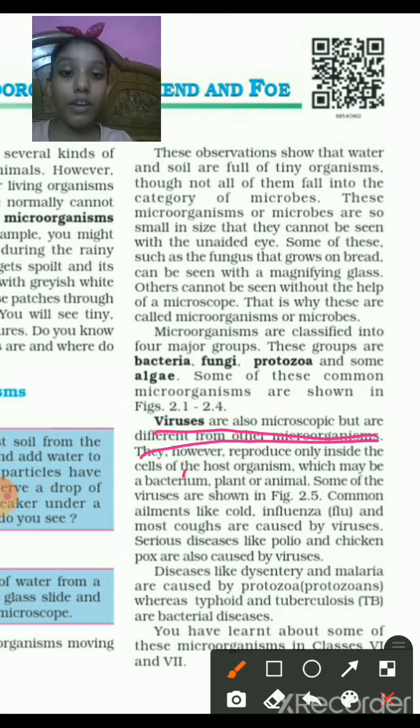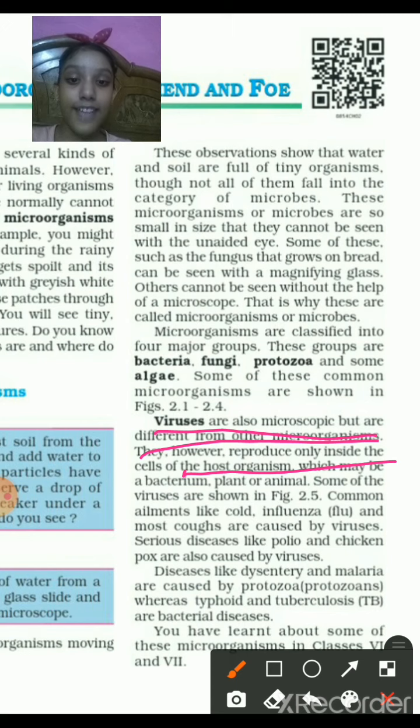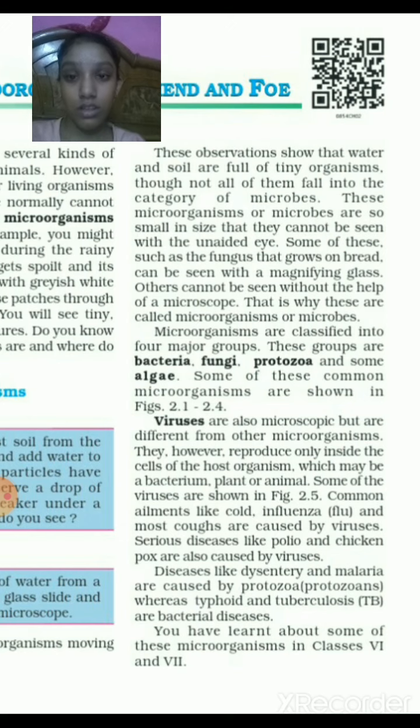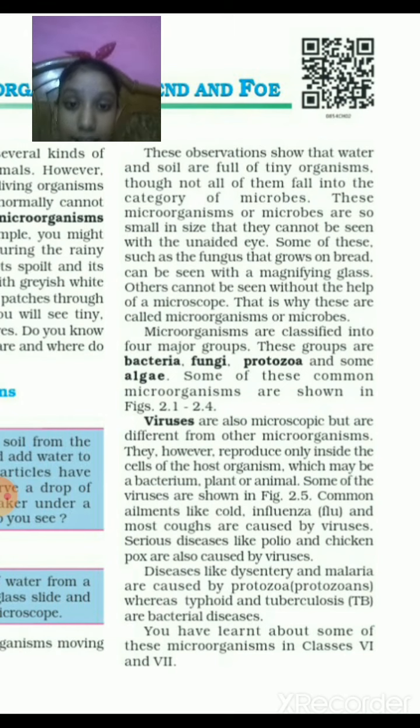They reproduce only inside the cell of their host organism, which may be a bacterium, a plant, or an animal. Some of these viruses are shown in figure 2.5.